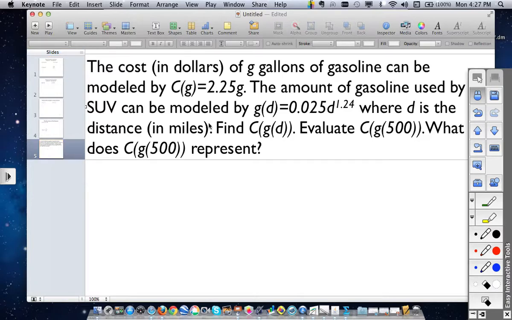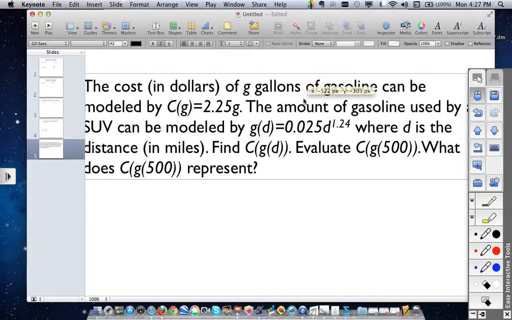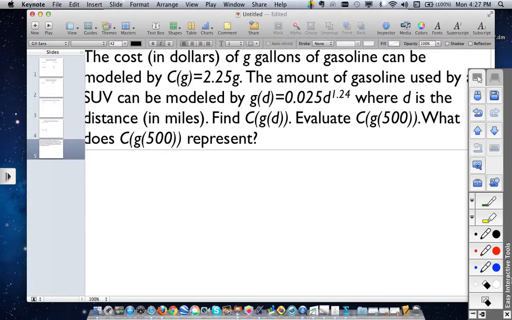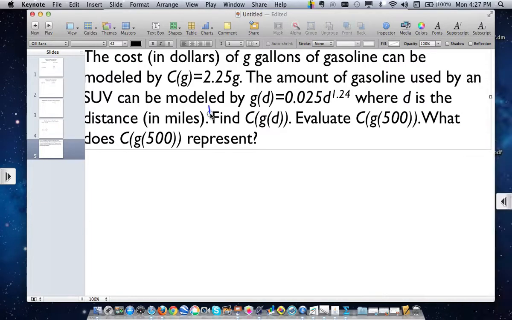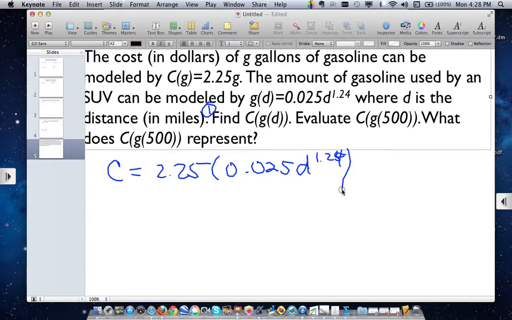So the first part was finding what C of G of D was. So C is equal to 2.25, and then we're going to substitute G in with 0.025 D to the 1.24. All right, multiply this out, and you get your C of G of D function.